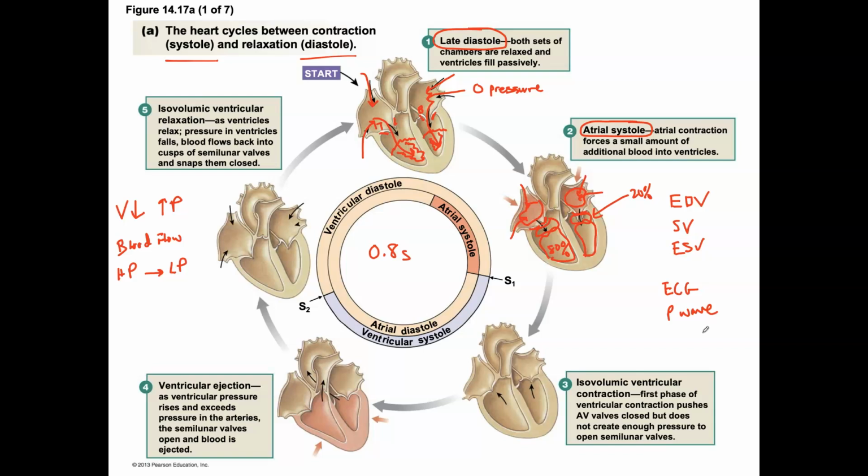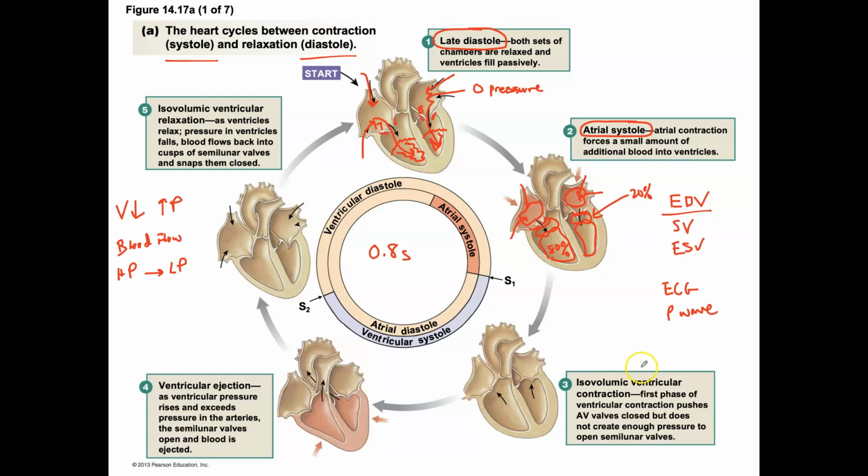So now that the ventricles have their maximum amount of volume, we would say they have the end diastolic volume. So we have essentially established the end diastolic volume for the ventricles, and now we can start looking at contraction of the ventricles and eventually the stroke volume, the pumping of blood out of the heart.